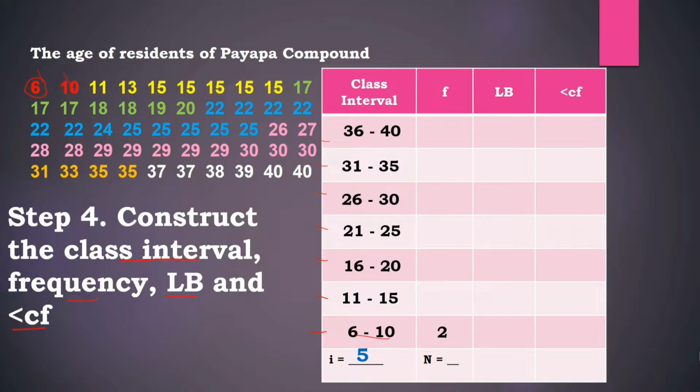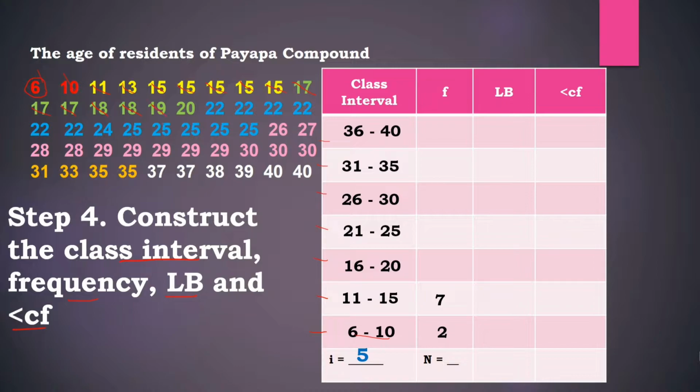So count natin. Okay, 1, 2, 3, 4, 5, 6, 7. So the frequency of the second class is 7. Next is for ages 16 to 20. Okay, 7.